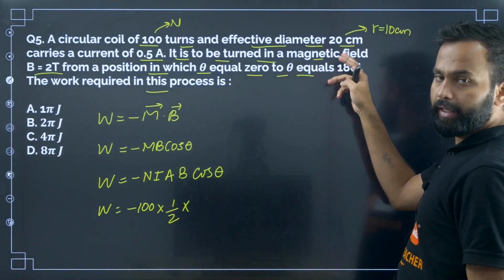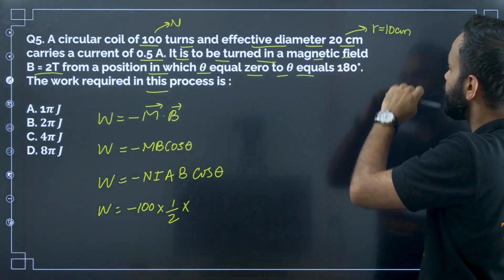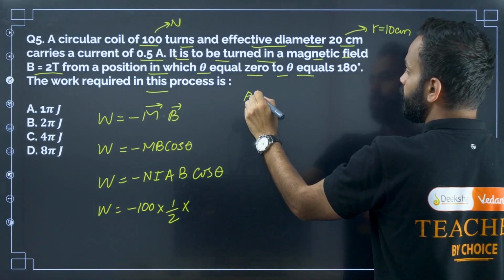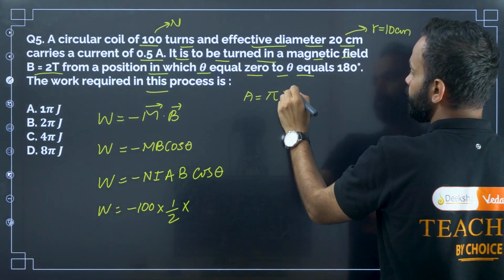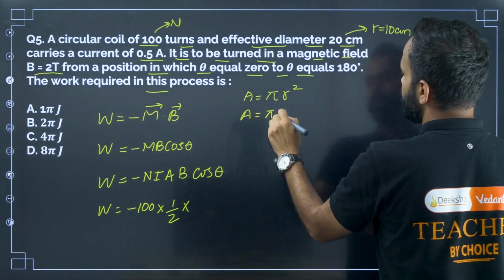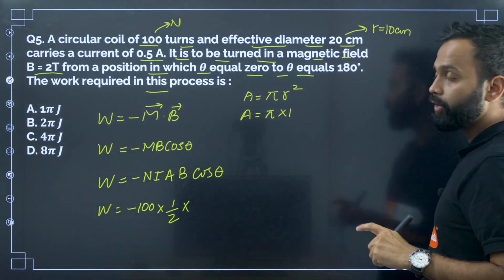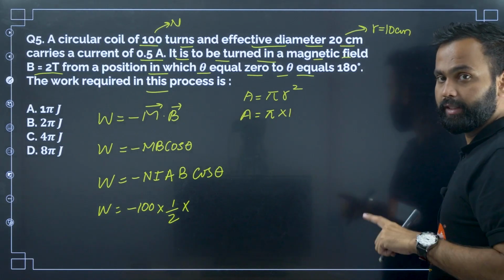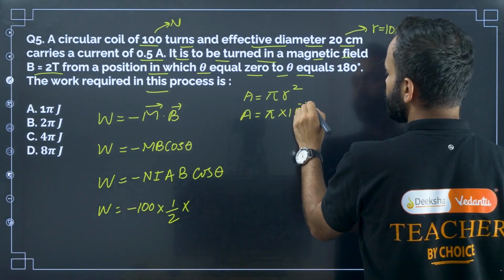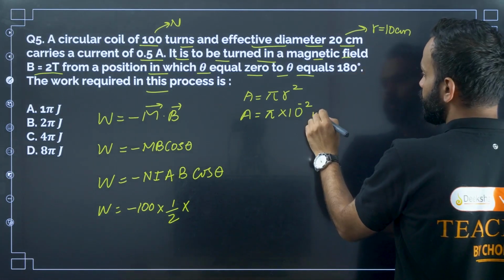The diameter is given, right? So what about the area? Radius is 10 centimeter. So area will be pi into r square, which is pi into 10 into 10 to the power minus 2 whole square, that is 100 into 10 to the power minus 4, which is 10 to the power minus 2 meter square.